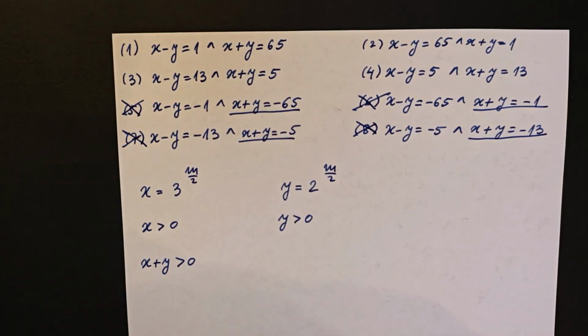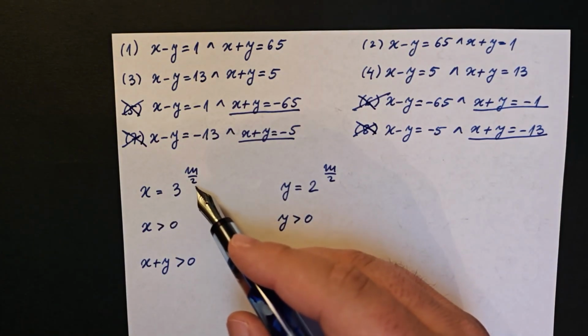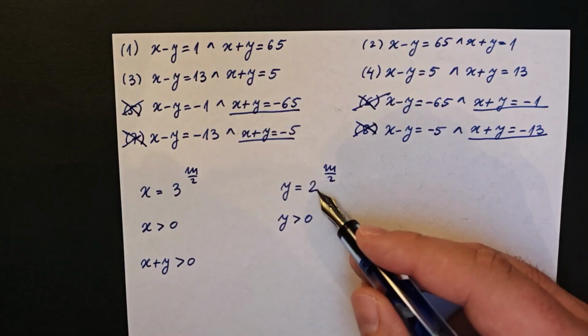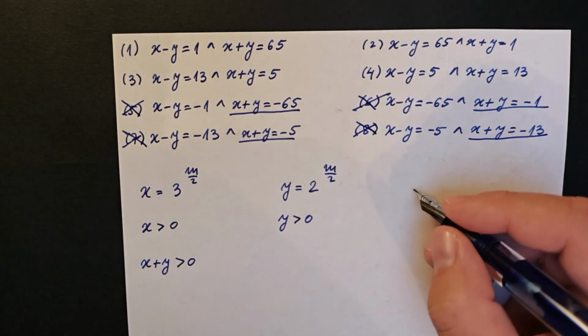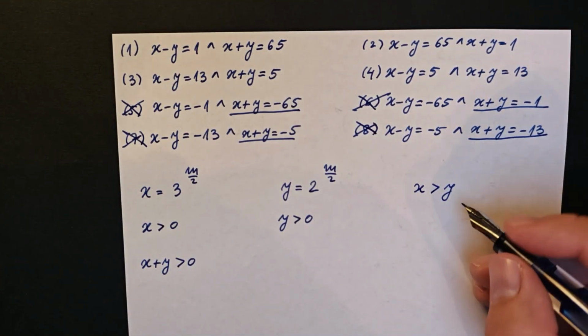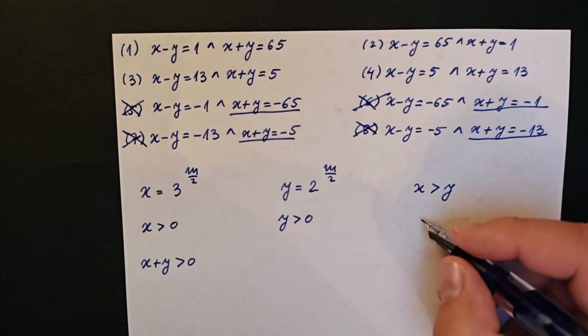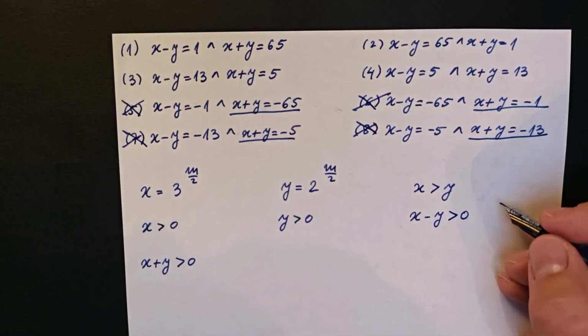The next thing which we can observe is that since x is defined as 3 to the power m over 2 and y is defined as 2 to the power m over 2, that means that x has to be larger than y. Since x is larger than y, that means that x minus y has to be positive.